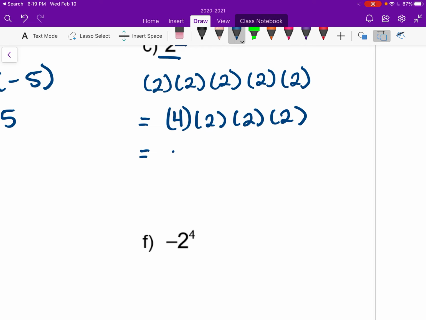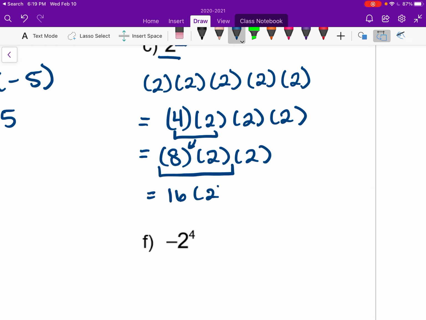Right, so then I have 4 times 2, which is 8. 8 times 2, and then I'm left with 2. And then I'm going to do 8 times 2, which is going to be 16 times 2. 16 times 2 is going to be 32. Right? You don't have to write all of this out. I'm just doing it so that you know where I got that number from. Cool?